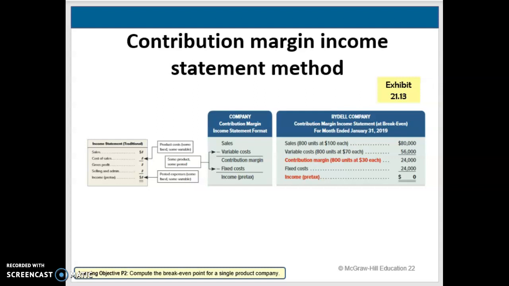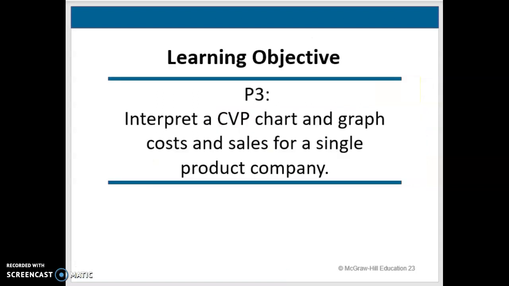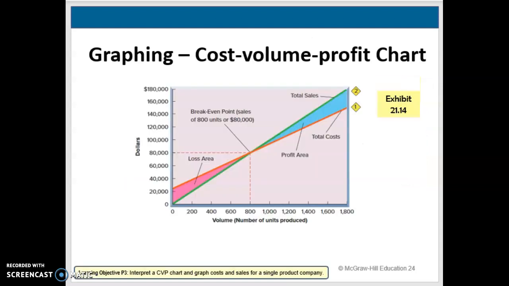Our next part starts looking at a CVP chart and graphs the costs and the sales that go along with it. So this is what a CVP chart looks like, and you can see that this one again is for that Rydell football, and it's their cost volume profit chart or their break-even chart, sometimes called a break-even graph, all the same thing.